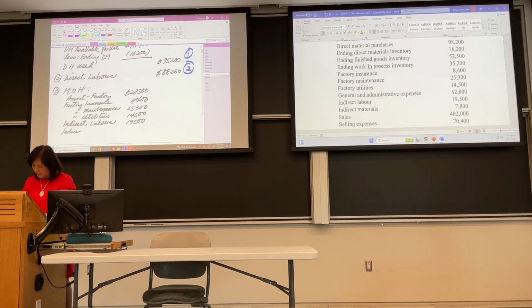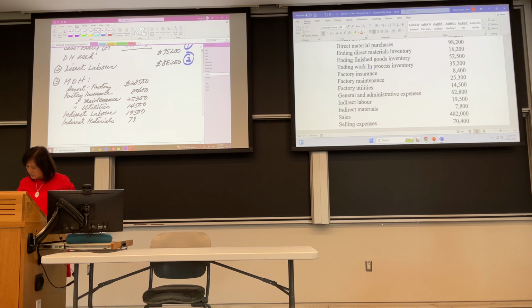Indirect materials. So these are all going to making the product. 7,800. This is total manufacturing overhead. Okay, this is number 3, 104,000. This is number 3.